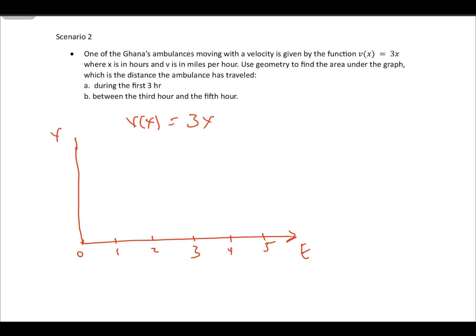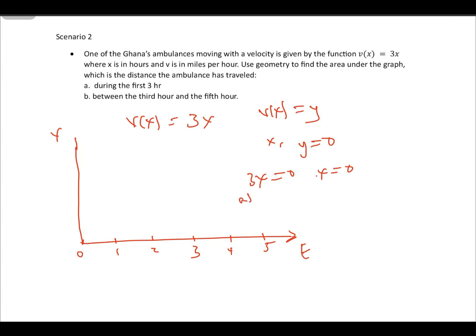Now we need to plot this graph. At the x-axis, y is equal to 0. If v of x represents the y, then at the x-axis y is equal to 0, and therefore 3x is equal to 0, and therefore x is equal to 0.